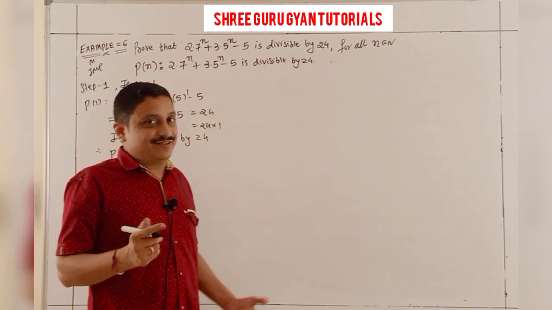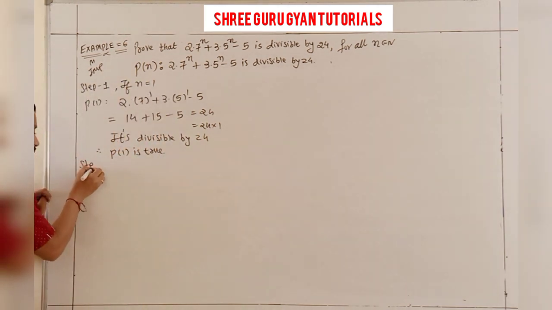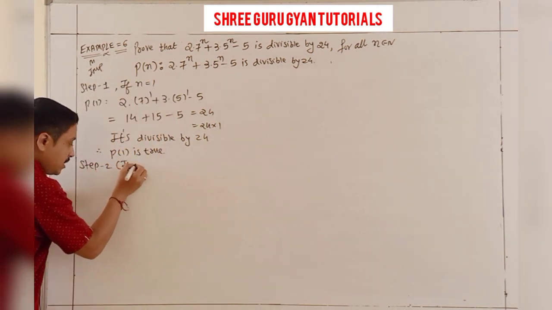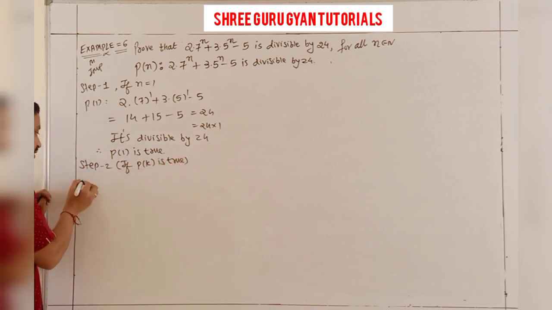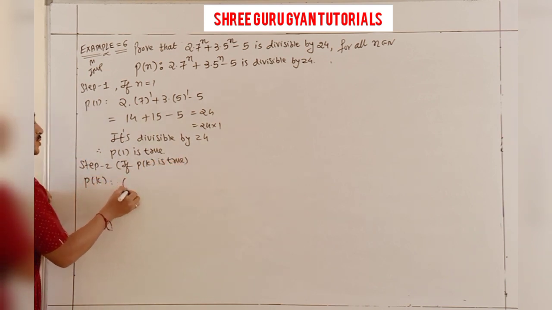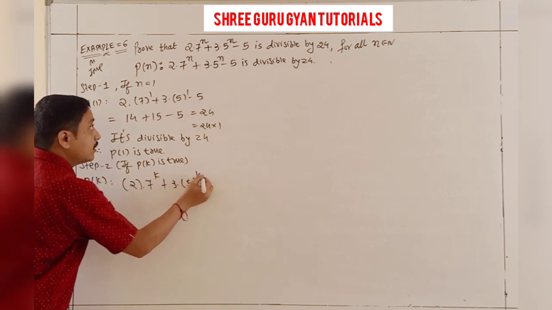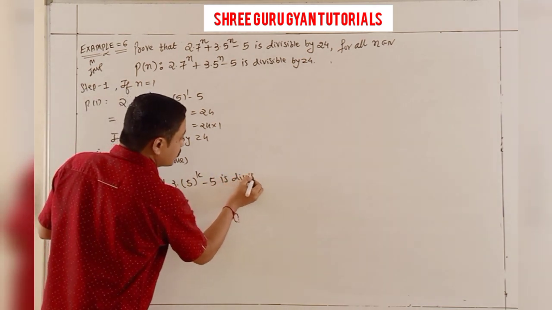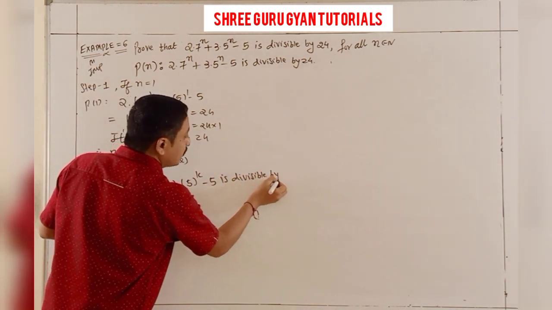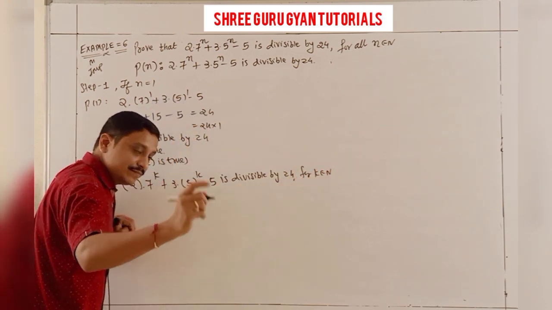Yes students, here the first step is finished. Continue with step 2. If P(k) is true, so what is P(k)? 2 into 7 raised to k, plus 3 into 5 raised to k, minus 5, same as written, is divisible by 24 for k belonging to natural numbers.